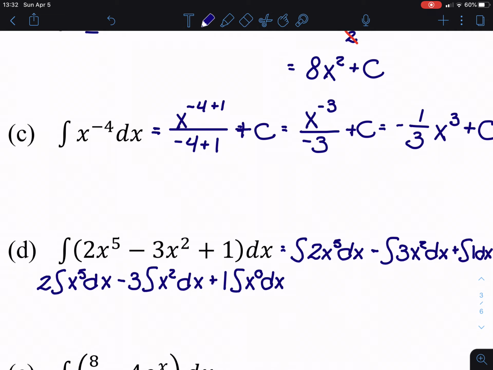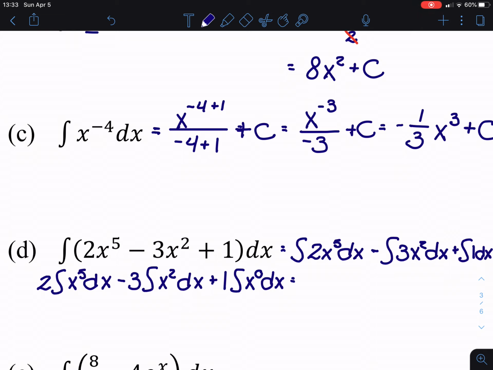Okay. So now I can do each of these individually. And the great thing is that I only have to add one constant, one c at the end, because c just represents an arbitrary constant. So whether you have 3 of them or 1 of them, it doesn't matter. It just represents a number.